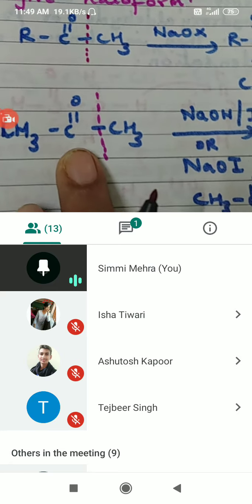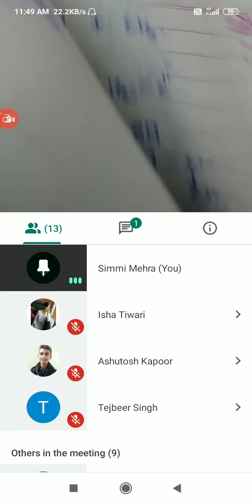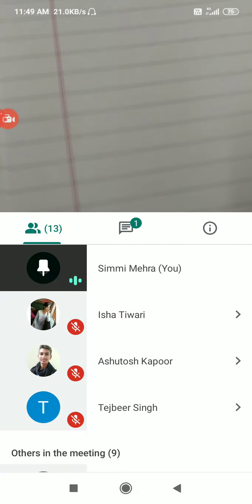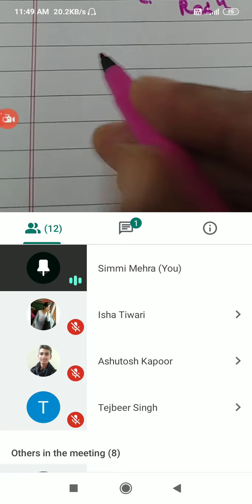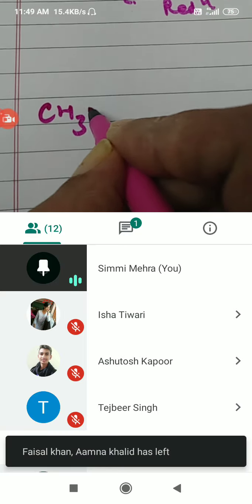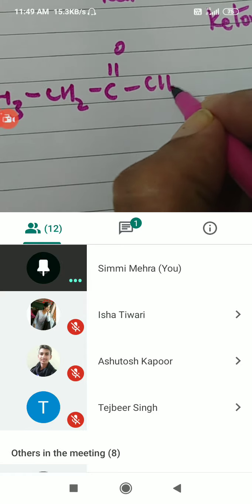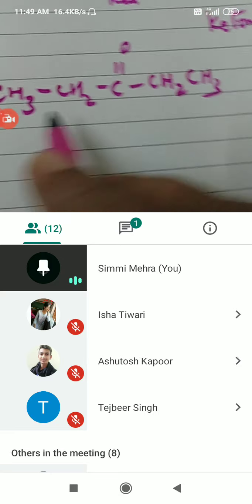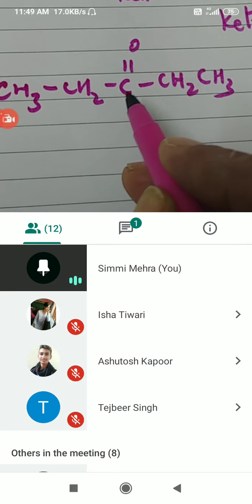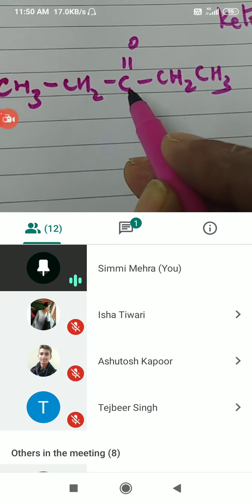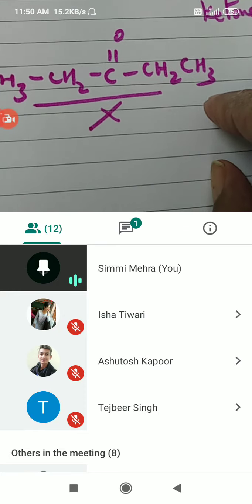Now, which are the aldehydes and ketones which will not give this type of reaction? Let us see this. If I have an aldehyde like this, they ask you all these questions in viva. Do we have a methyl group attached to a carbonyl group? No. This compound will not give the iodoform test.